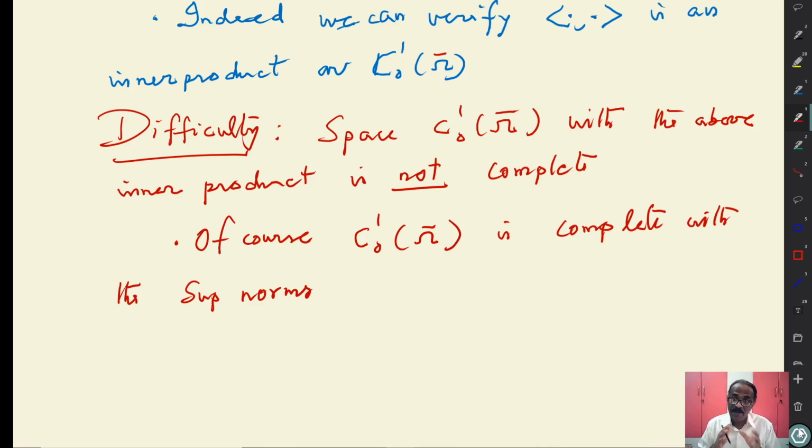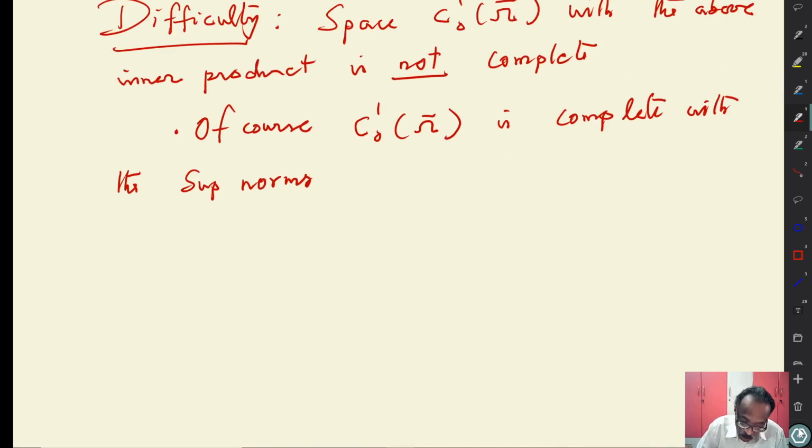That's why the strong functional analysis and other things come with respect to sup norms.